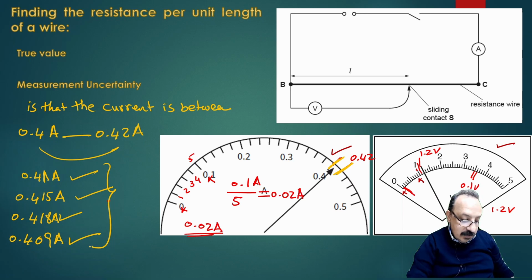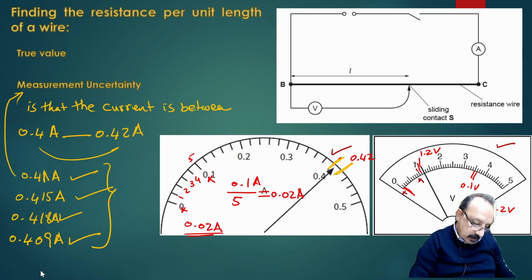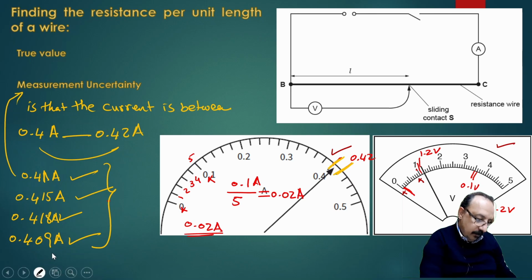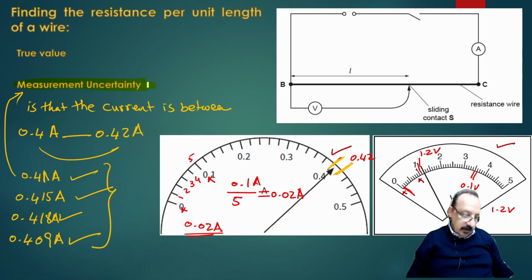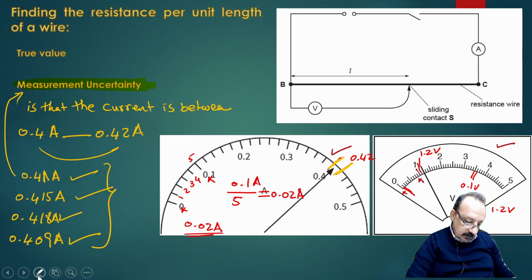This would induce what we call measurement uncertainty. Okay, so we have a scale. This scale comes between two lines.